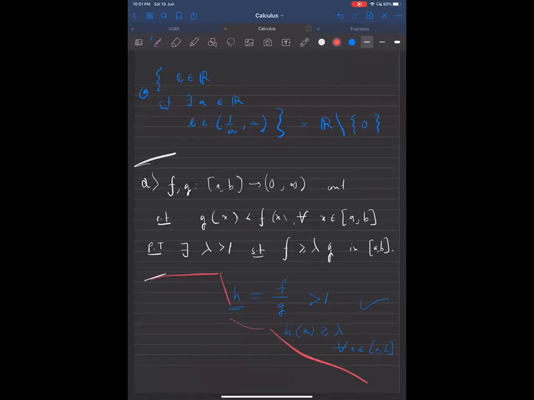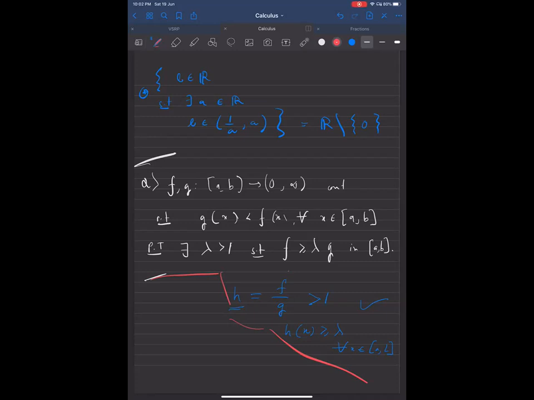Let's assume the contradiction. What does that say? If this is not true, then for any lambda strictly greater than 1, there will be some point for which f will not be greater than or equal to lambda times g.